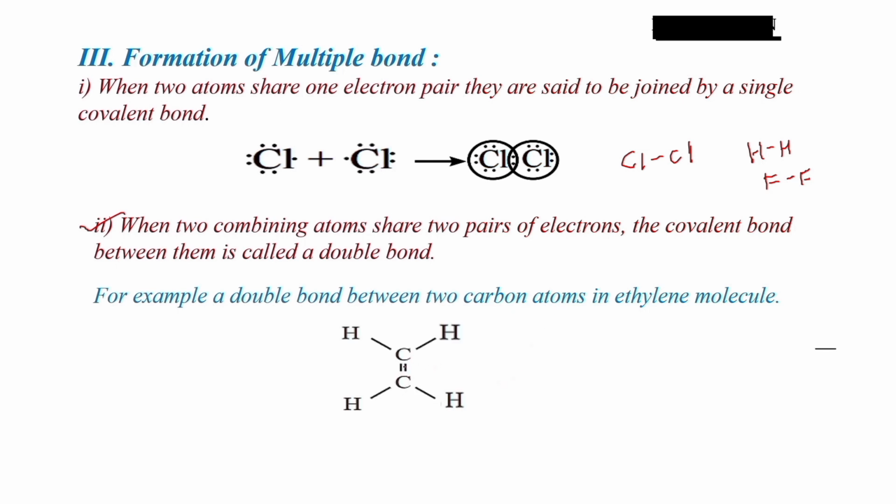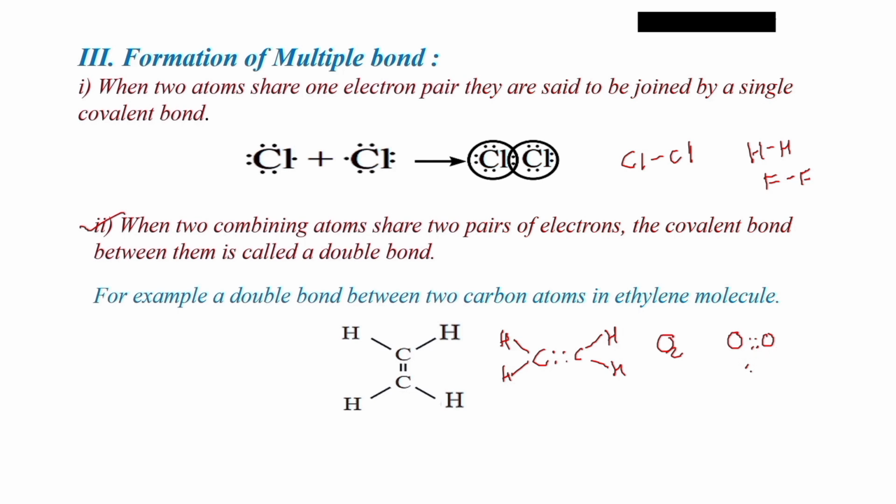The two carbon atoms form a double bond between them, means carbon atoms share two electrons and form this double bond. Another example of double bond is the O2 molecule. Here two oxygen atoms share two electrons with each other, forming the two covalent bonds.